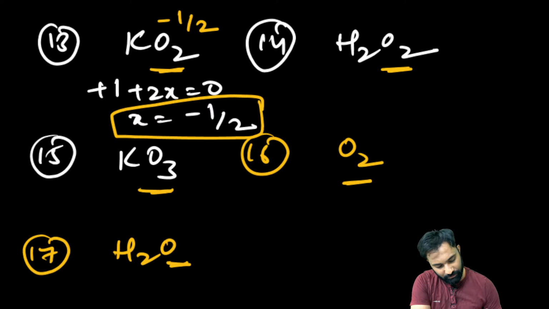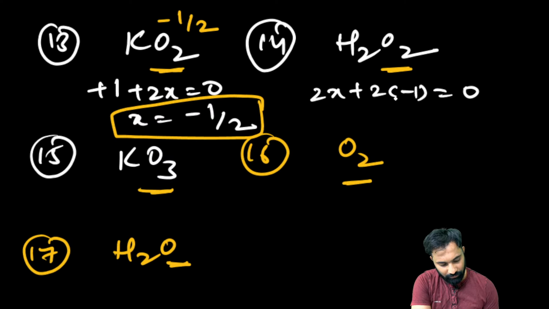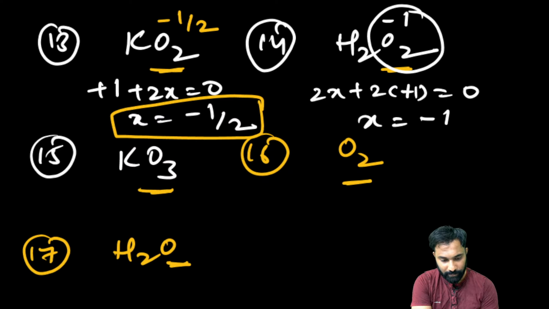That is minus 1. 2x plus 2 times plus 1 is equal to 0. Hydrogen is plus 1. If you send it to the left hand side, it will become minus 2. Minus 2 by 2, it will become minus 1. So in the peroxide, oxygen oxidation number is minus 1.